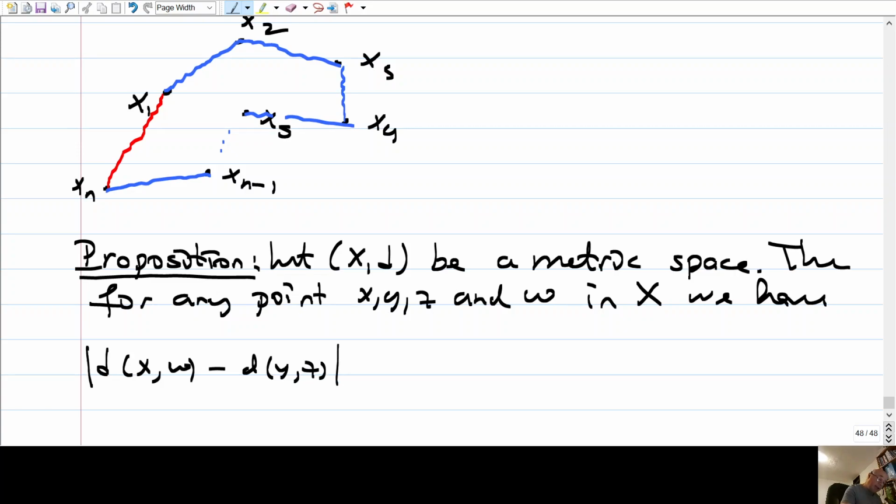If you take the absolute value, since these are real numbers, I can take the absolute value. This is always less than or equal to d(x, y) plus d(w, z).